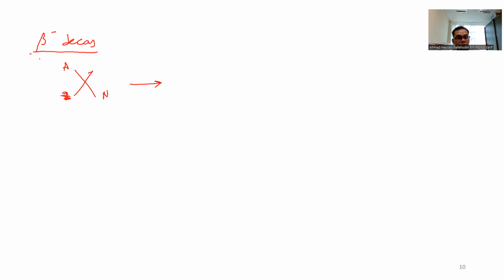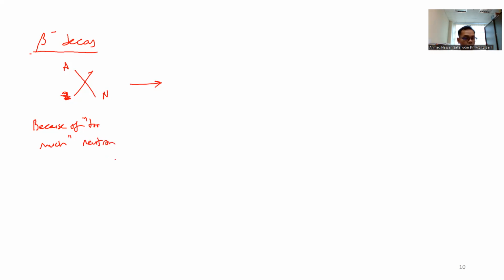The simplest reason for the beta minus decay is that there is too much neutron.